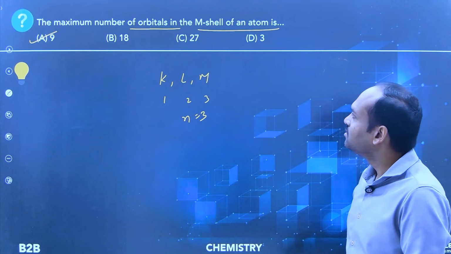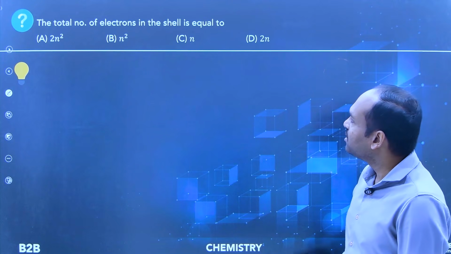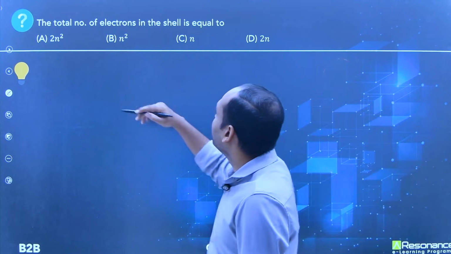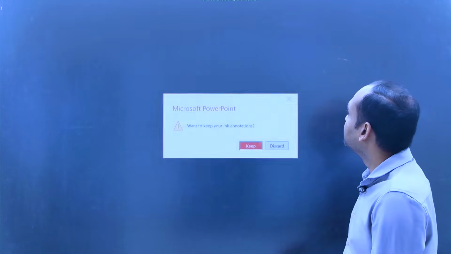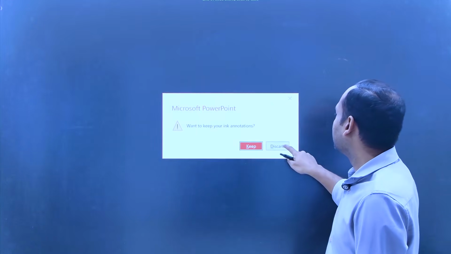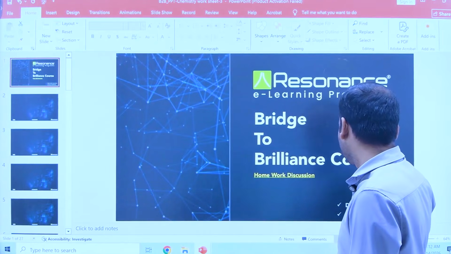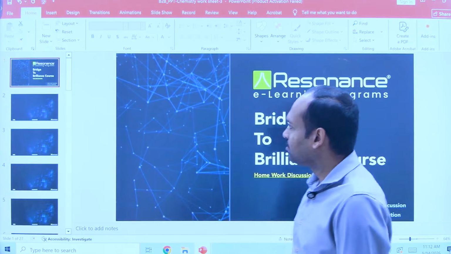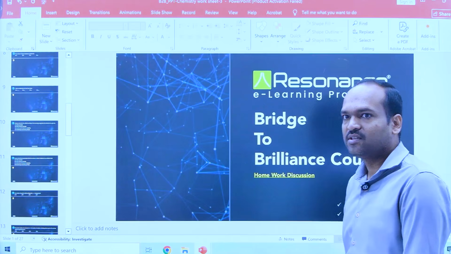Correct. Total number of electrons in the shell is 2n square.